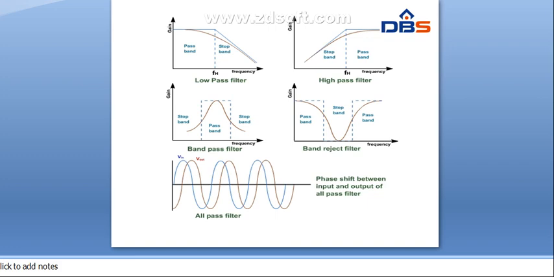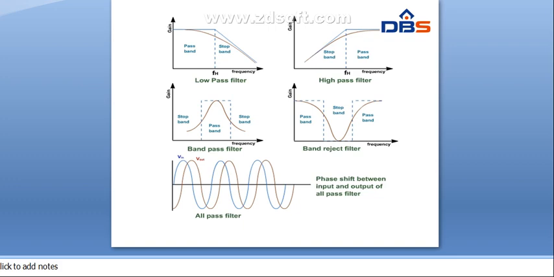The low pass filter allows the range of frequencies from 0 to FH. Below FH the frequencies are allowed, and this range is known as the pass band.